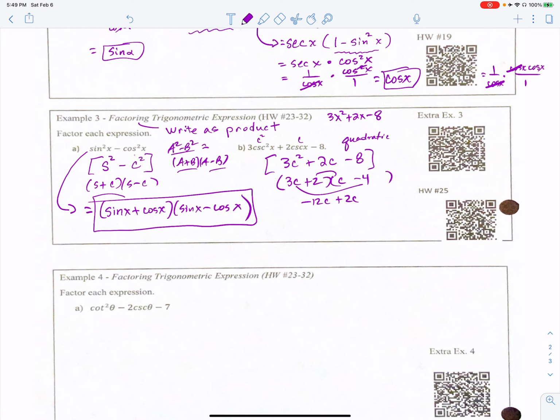That's a negative 10c. That didn't work. What if I switched them and made this a minus 4 and this a plus 2? That's going to work because this is 6c and this is a minus 4c, which add up to 2c. So that's the correct factoring.